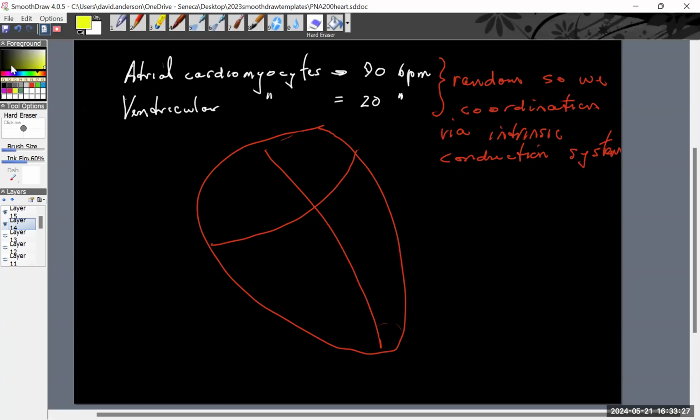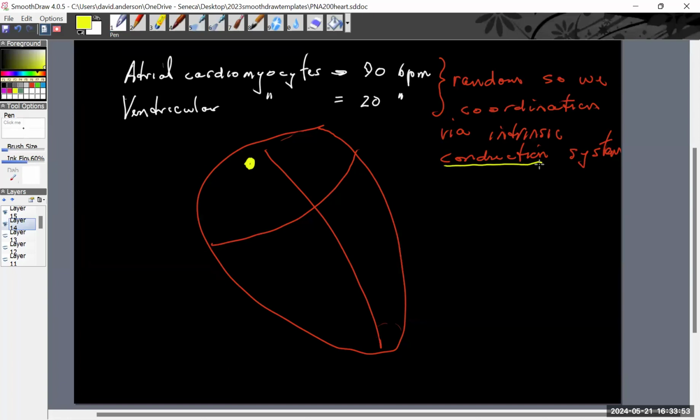So that's not going to be terribly helpful, especially when they beat at different rates and are not really dependent on a lot of control mechanisms unless we introduce a control mechanism. So what we're going to introduce is a system of nodes and a system of conduction that we call the intrinsic conduction system.